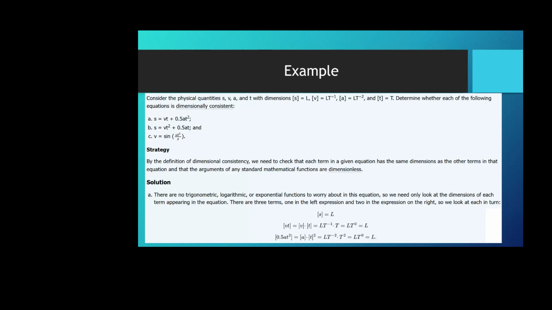Okay, let's check this expression first. I already know it's not consistent, and I will tell you why. Because velocity has units, and the right-hand side is dimensionless. For example, sine of whatever number you get has to be dimensionless.